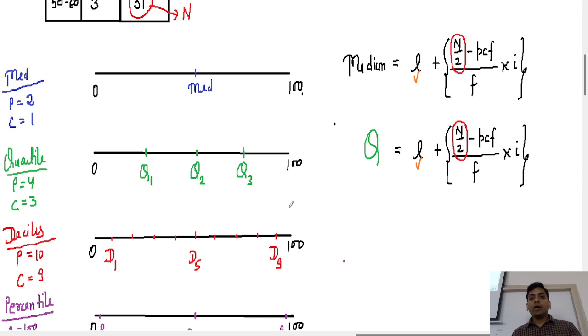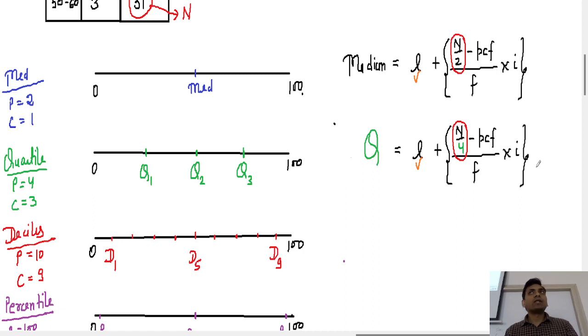In this case, data is divided into how many parts? 4 parts. So we will replace the term n/2 by n/4. And this formula is for a single quartile. How many quartiles do we have?